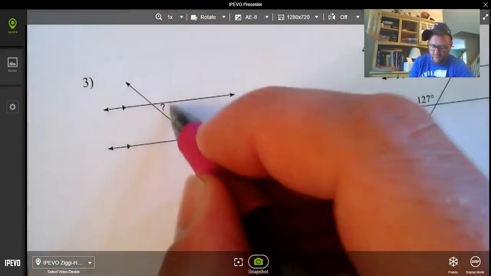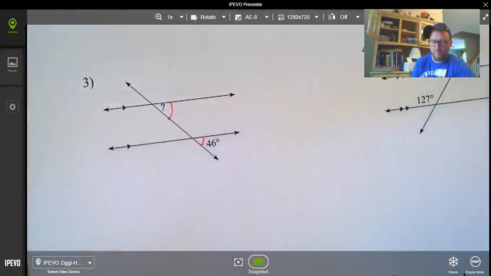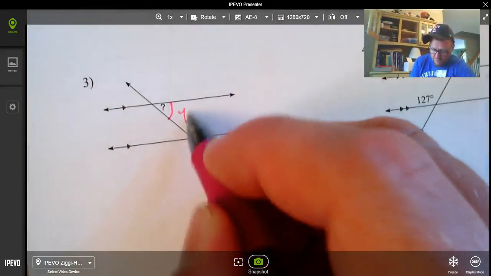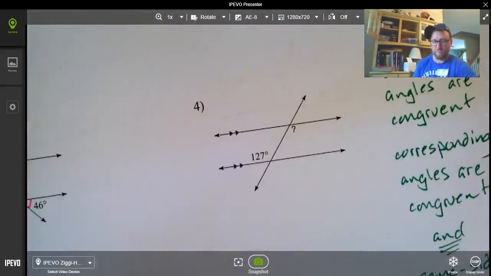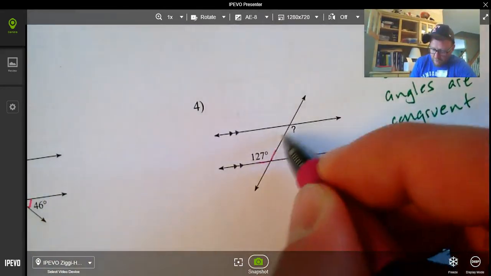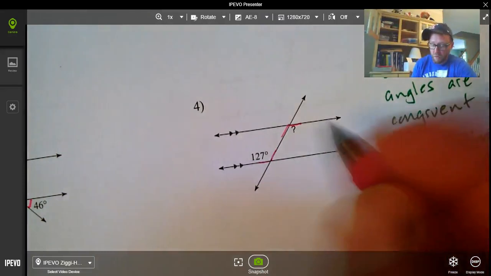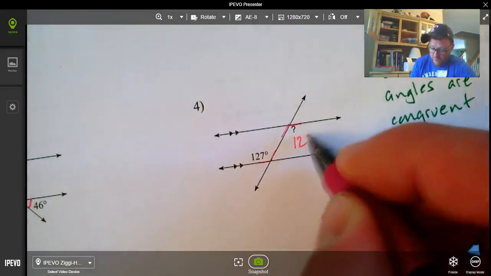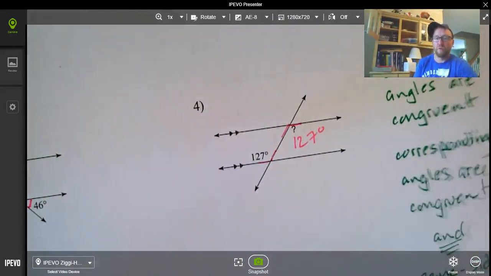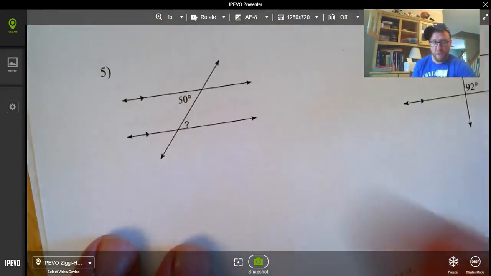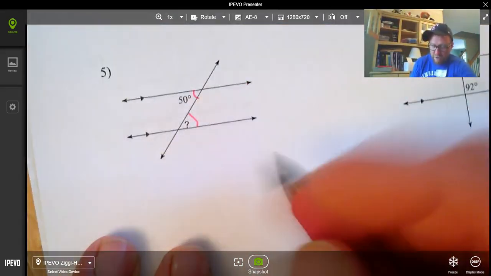Here we have corresponding angles. So this is a 46. Here we have alternate interior, which are congruent when the lines are parallel. So that's 127. Here we have alternate interior.